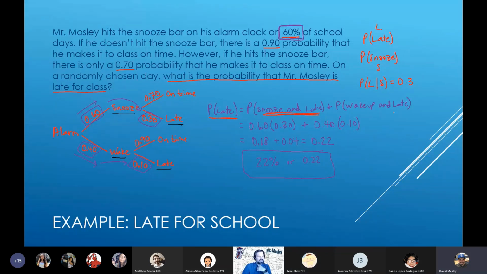So when I'm trying to find the probability of being late, the other thing that we know is the probability of snooze. This is 0.6.